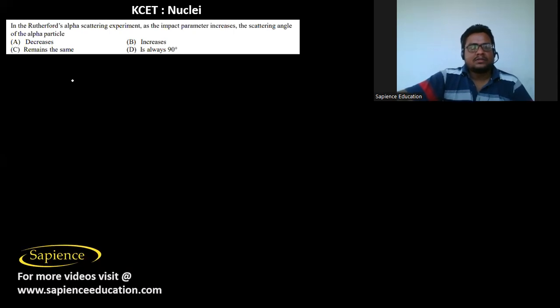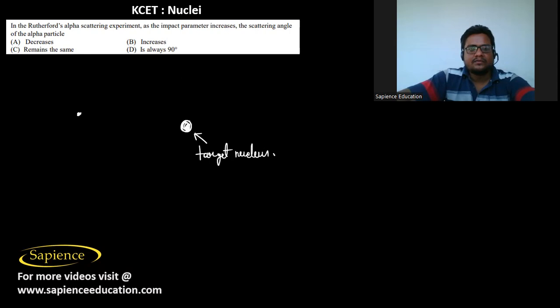Then here it is told, in Rutherford's alpha particle scattering experiment, as the impact parameter increases, the scattering angle of the alpha particle decreases or increases or remains the same, that we have to find. So here we have the gold nucleus, or suppose the target nucleus.